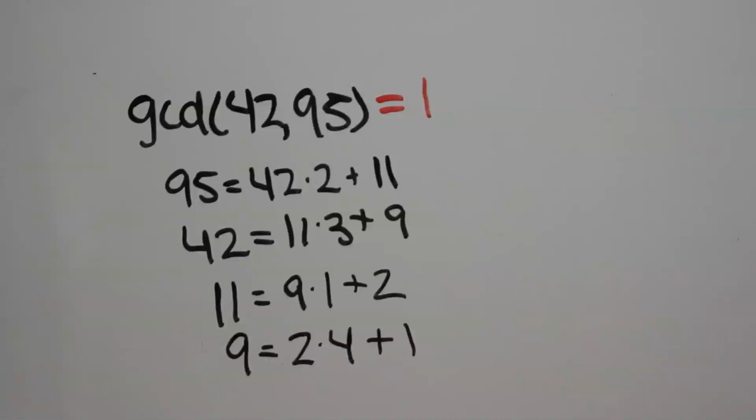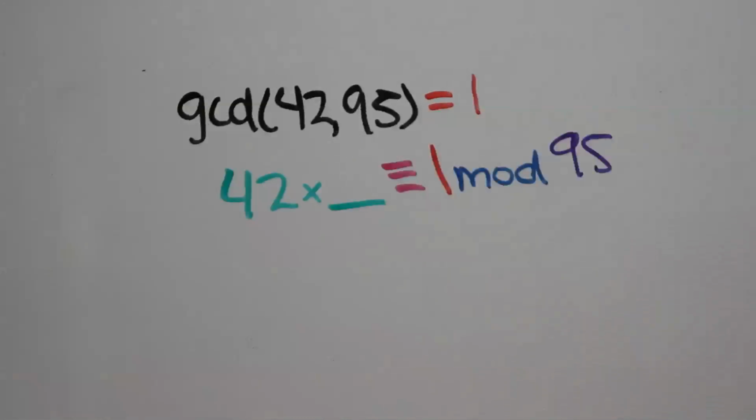So then we can find the inverse of 42 by breaking it down in a different way. 42 times what is equivalent to 1 mod 95? Since their greatest common divisor is 1, we know that the lower number, the first number we have there, is going to have an inverse in mod 95, or mod of the bigger number.